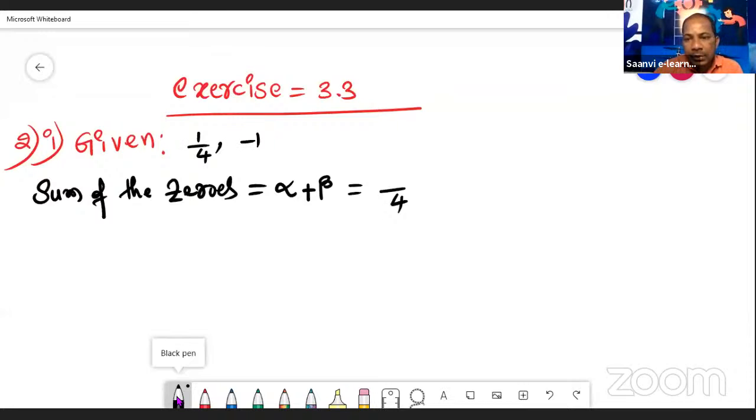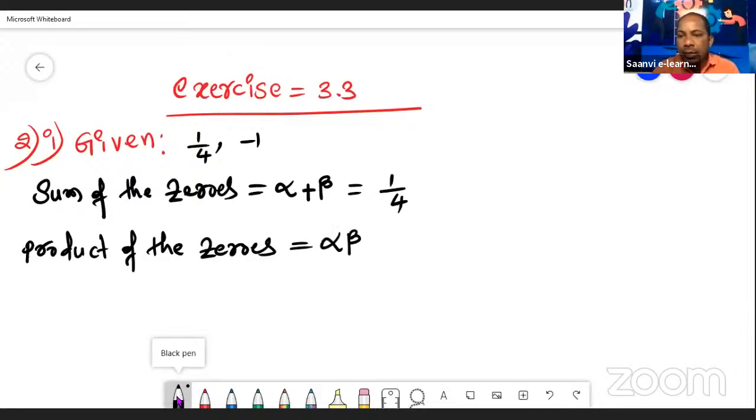For the quadratic polynomial, the two zeros are alpha and beta, so the sum of the zeros alpha plus beta is equal to 1 by 4. And the second one given is the product of the zeros, which we denote by alpha into beta, alpha beta.